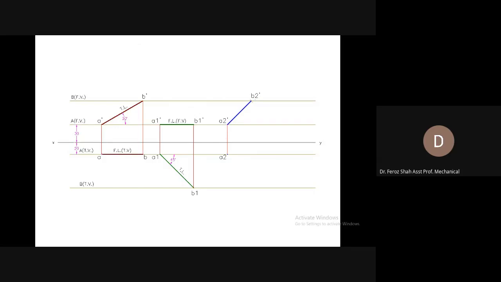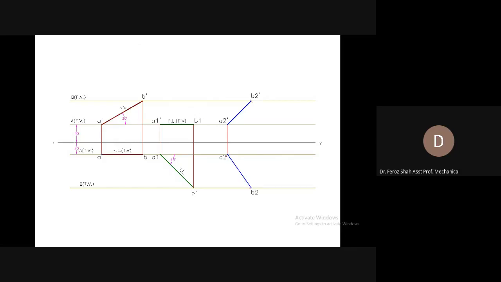Now this top view. Open the compass from A to B and with this as the center, draw a line. That line would intercept the locus of end B, and join it with A2.